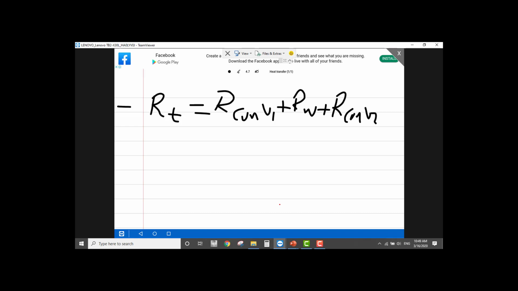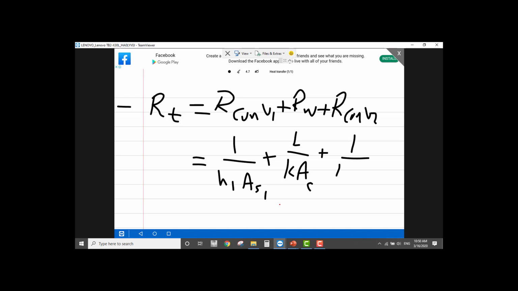Okay, and this is equal to R convection 1, which is 1 over h1 times area surface 1, plus R wall, L over k, k for the wall, multiplied by cross sectional area, plus 1 over h convection 2 multiplied by surface area 2. This is how we calculate R total.